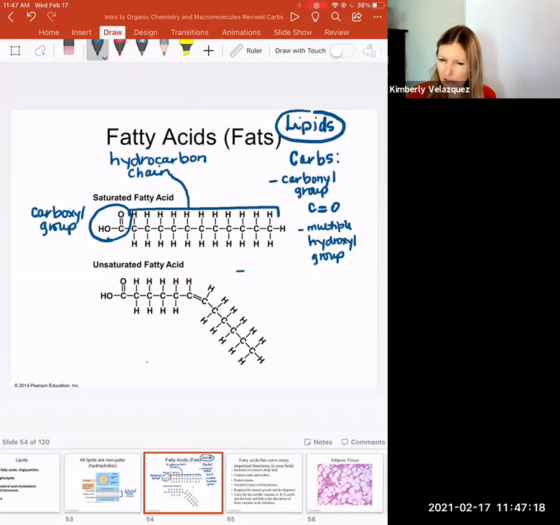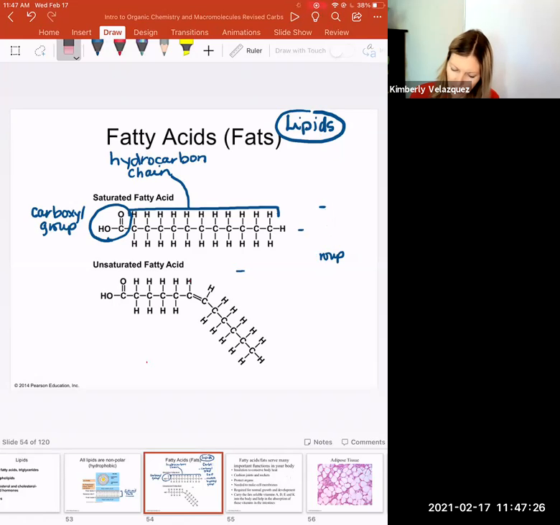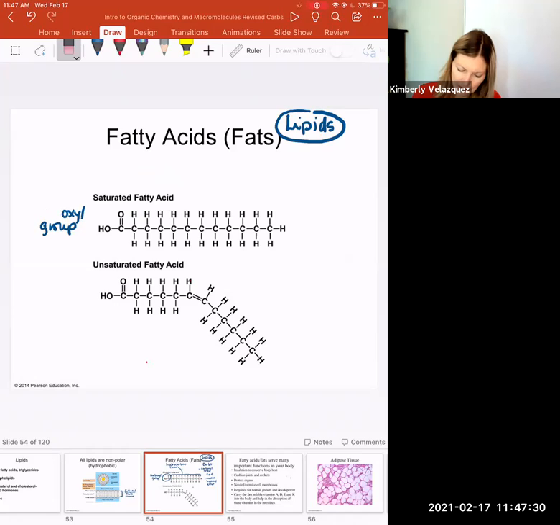This top one is called a saturated fatty acid for a couple of reasons. So I'm going to quickly erase what I've written. And let's look at why we call one of these a saturated fatty acid and one an unsaturated fatty acid. Let's start by just looking at the basic differences between these two categories of fatty acid.